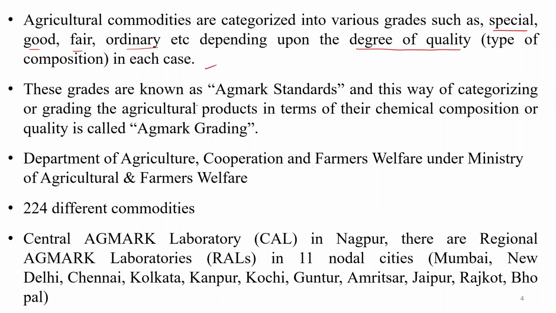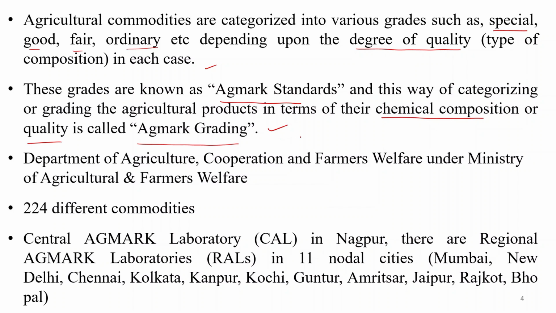These grades are known as AGMARK standards, and this way of categorizing or grading agricultural products in terms of their chemical composition and quality is known as AGMARK grading.